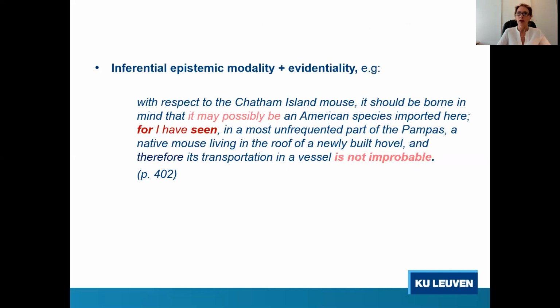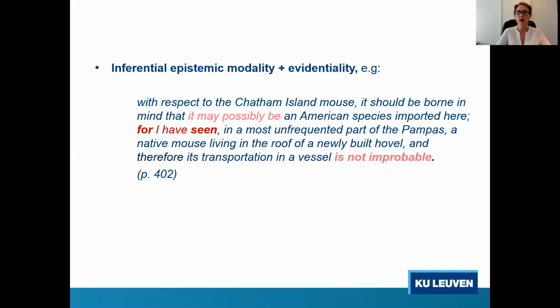In terms of epistemic meanings, I noticed many examples in the same text, in the same chapter, where evidence is provided for the inferential epistemic modal meanings which are expressed. And in that way, evidence is presented for the reader, which makes it an acceptable message for the reader, which creates a unified message for the reader, as you can see here.